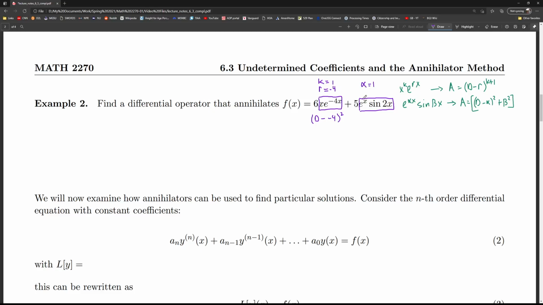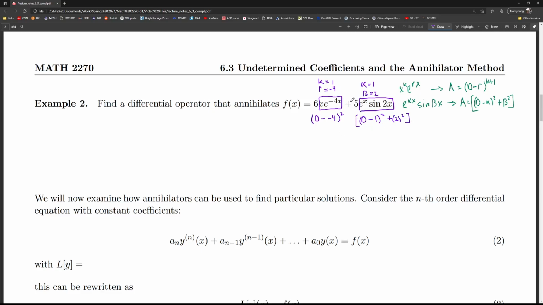That's the 1 in front of the x here. And we see that beta equals 2. So the annihilator there is (D minus 1) squared plus 2 squared.